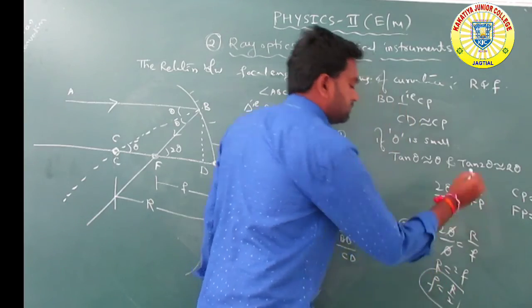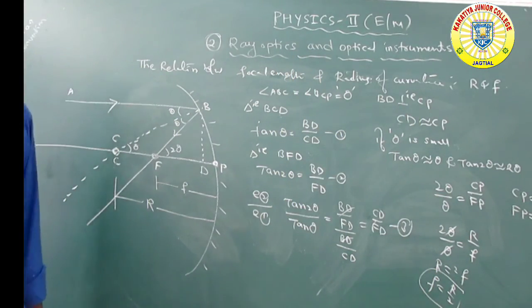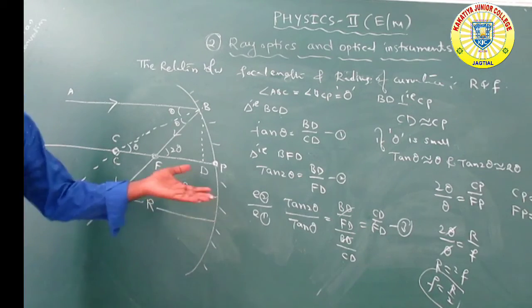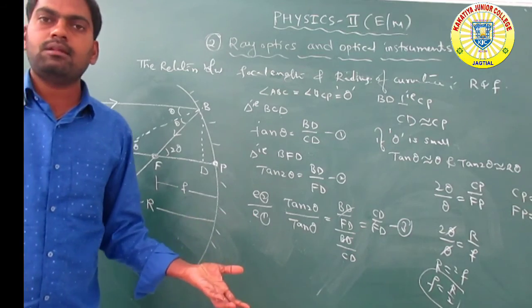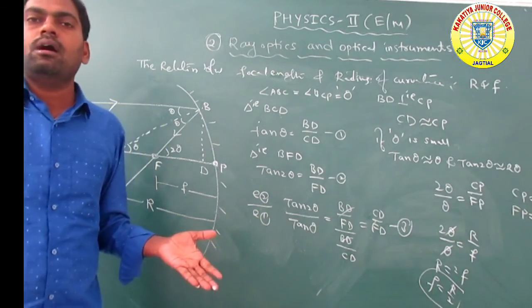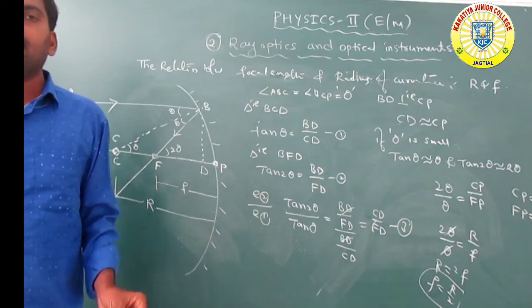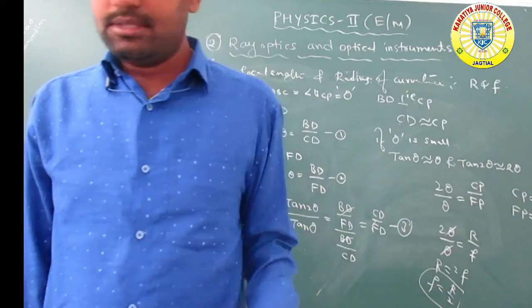That means the radius of curvature is double the focal length. We can also write it the other way: the focal length is half of the radius of curvature.